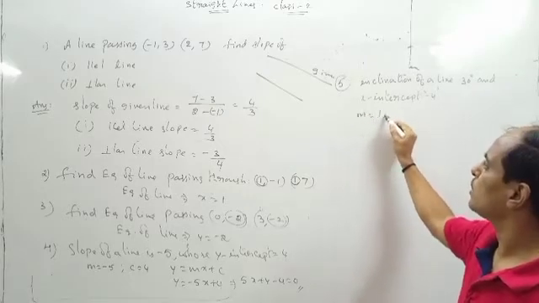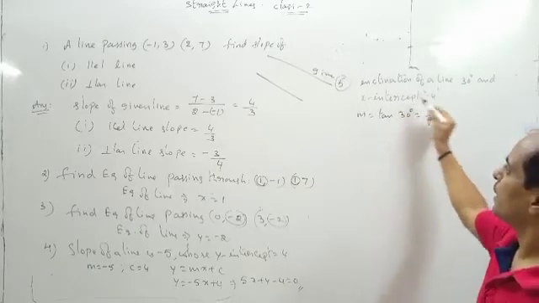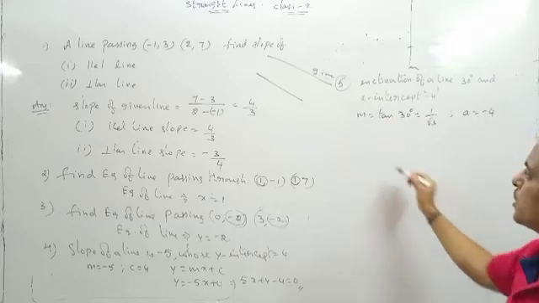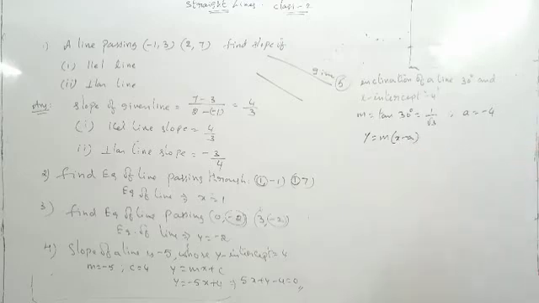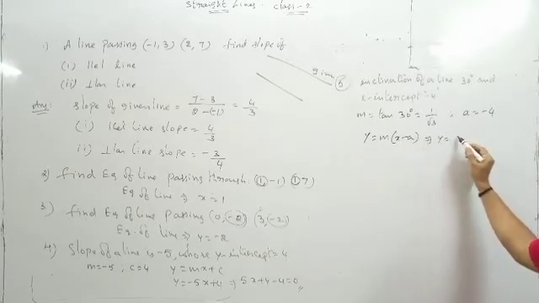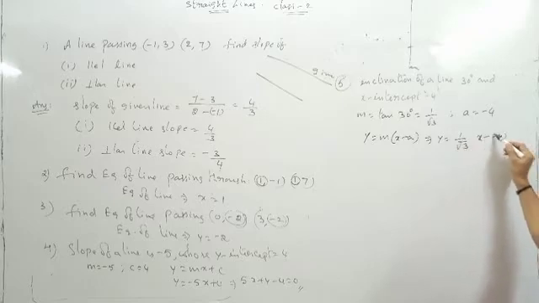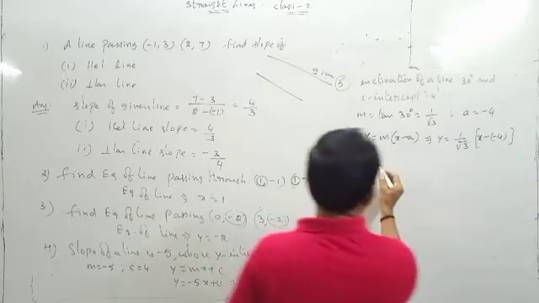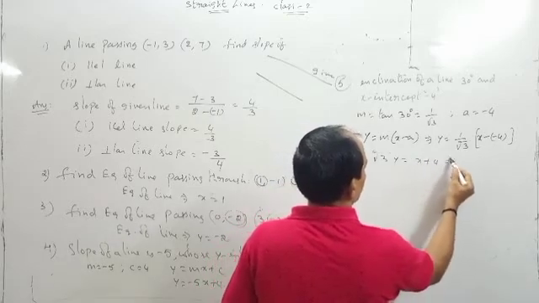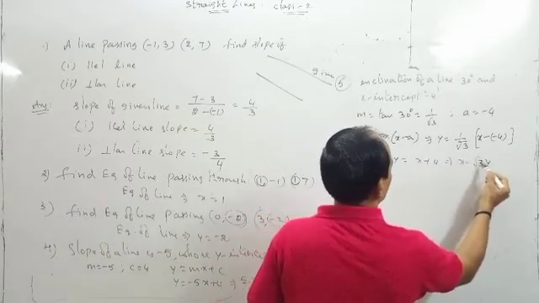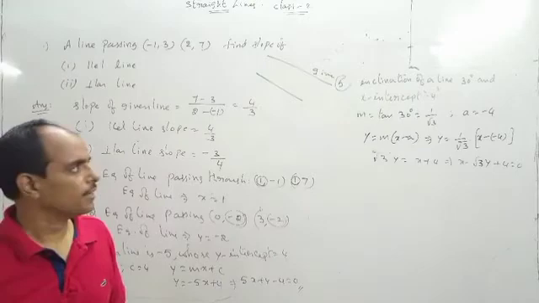Slope m is equal to tan 30 degrees, that is 1 by root 3. The x-intercept is minus 4. What is the equation of the line? y is equal to m of x minus a, that is y is equal to 1 by root 3 of x plus 4, so root 3 y is equal to x plus 4. So x minus root 3 y plus 4 is equal to 0. Okay?